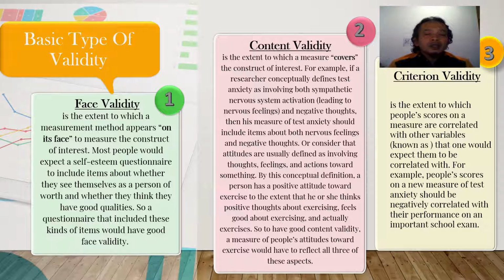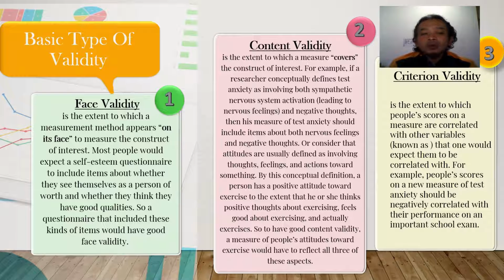Now we discuss the basic types of validity. From our presentation, we have listed three basic types of validity. First, we call face validity. It is the extent to which a measurement method appears on its face to measure the construct of interest.